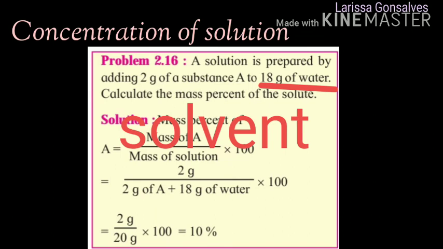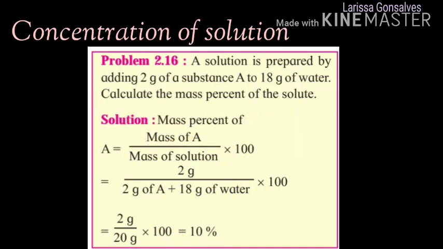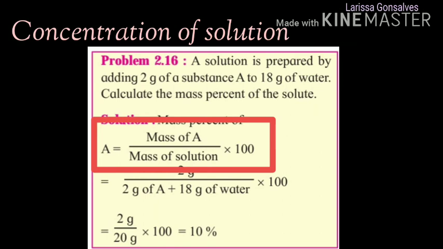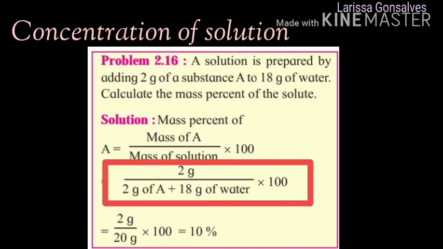So according to the formula, mass percent is equal to mass of A, which is the solute, divided by mass of solution into 100. Now mass of A is 2 grams. We know that mass of solution is the combination of solute and solvent.